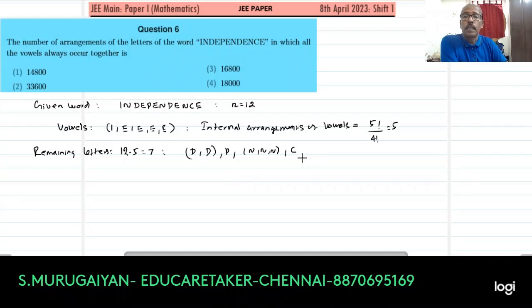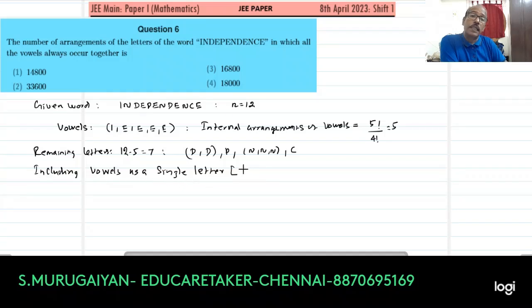Okay, and including the vowels group as a single letter. Why should we take the group of vowels as a single letter?